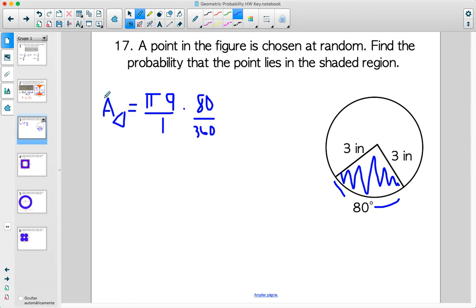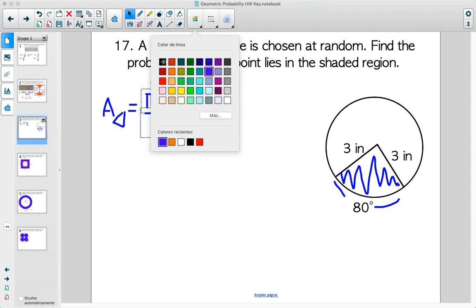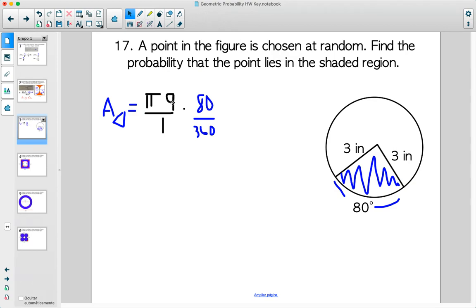Okay, so this is going to give us the area of the sector. I'm going to turn this into black because that's really the area of the whole circle, and then we're just multiplying it by this ratio, which is the ratio of the sector. Okay, so let's do a little bit of algebra. We can divide by 10, so the zeros become 1. So essentially this is 8 divided by 36. And since we're multiplying, we can divide 9 and 36.